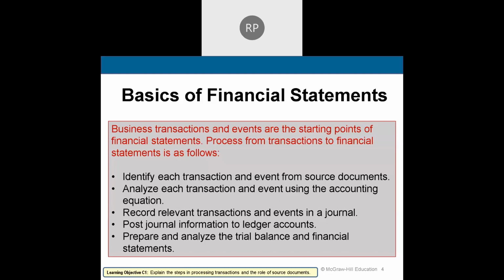The fourth financial statement is called the Statement of Cash Flows. The Statement of Cash Flows shows the physical cash, the cash money, the paper money, coming into and out of the business. It shows us the use of cash for operating activities, which is the day-to-day operations of the business.